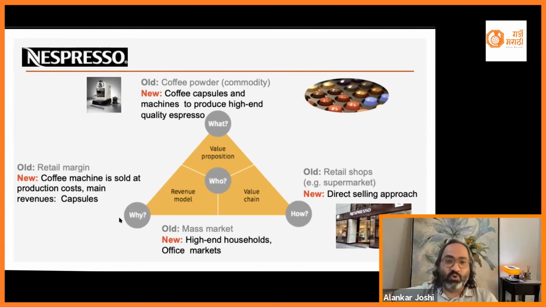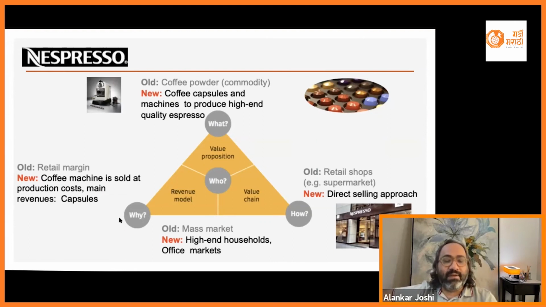As far as the price is concerned, the price per cup of coffee for the individual is still 1/4 of what they might pay at a fancy coffee shop, like Starbucks or somewhere else.